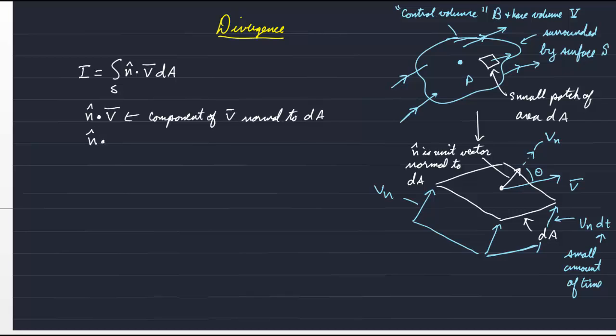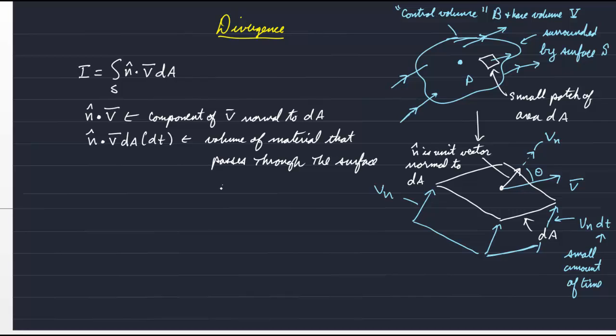So n hat dotted with v times the area times dt gives the volume of material carried by velocity v that passes through the surface, during the time dt.